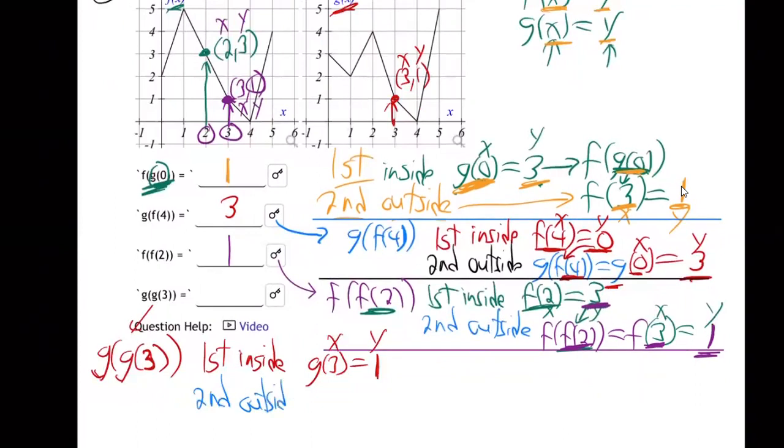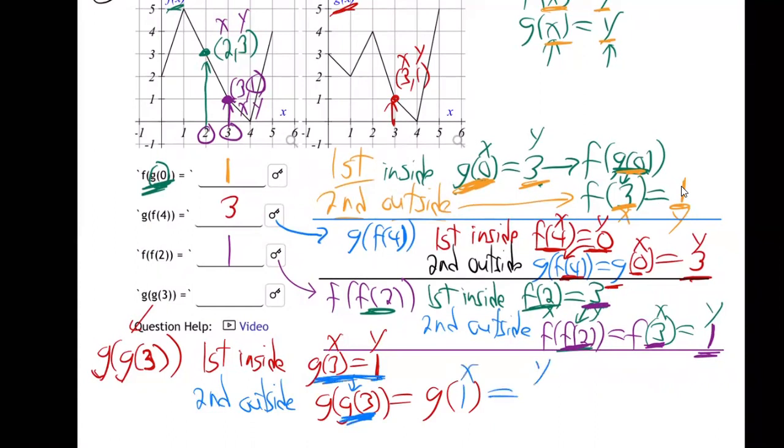So we got the inside, and now second, do the outside. So G of G of 3, the whole G of 3 is now 1. So this will be G of 1. That means this is the x.